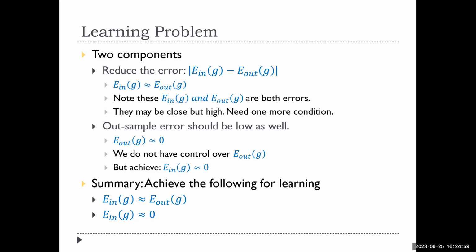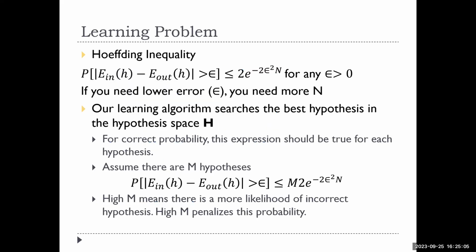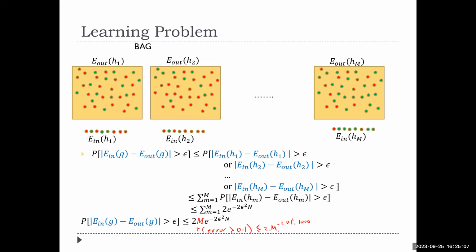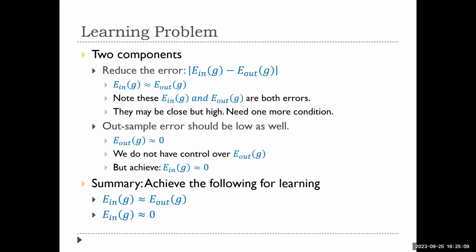I want to reduce that error because I can do that by using this formula, or by using this formula at the bottom. So I would like to make sure that the error is limited. That's the first part.